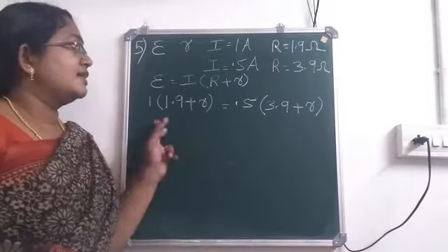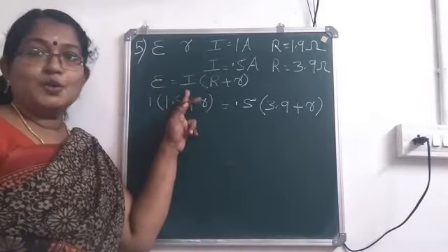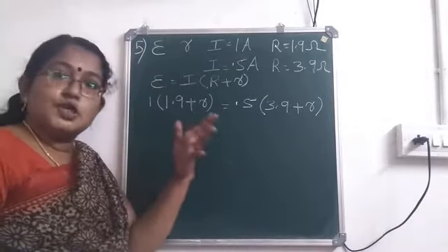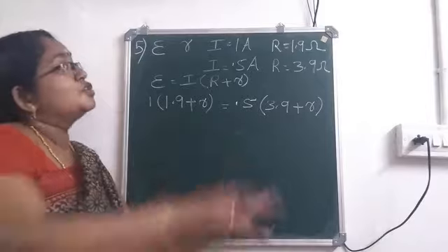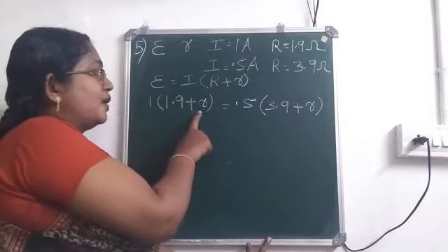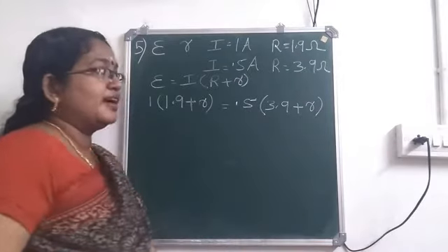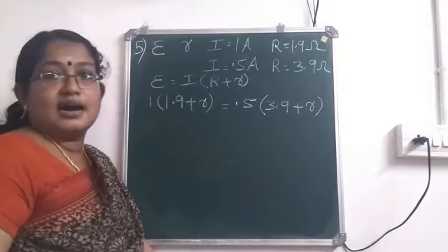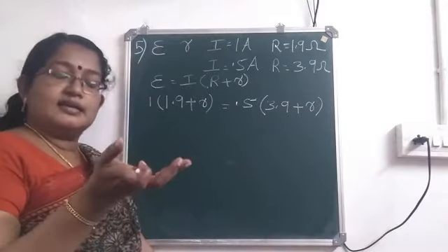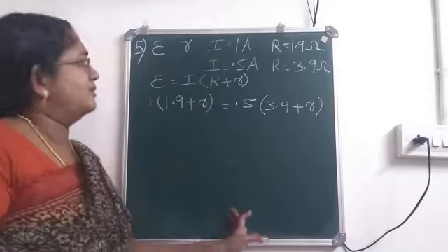Okay, so is it clear why I wrote like this? Standard form for epsilon is I into R plus R, and epsilon will be a constant. So either epsilon is equal to 1 into 1.9 plus R, here also epsilon is equal to 0.5 into 3.9 plus R. Since the left hand side is the same on both, you can equate the right hand side.